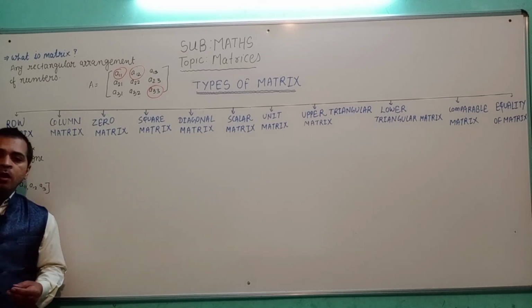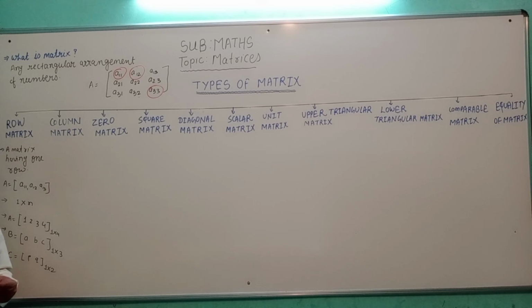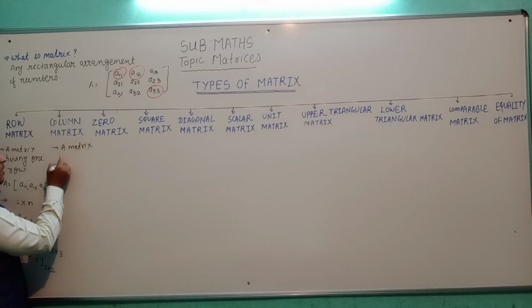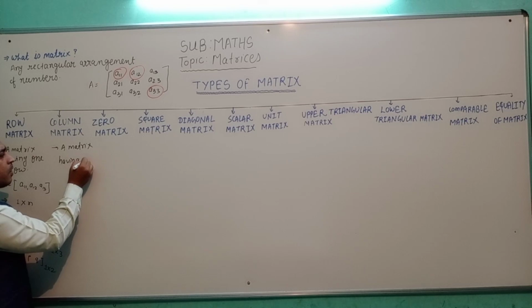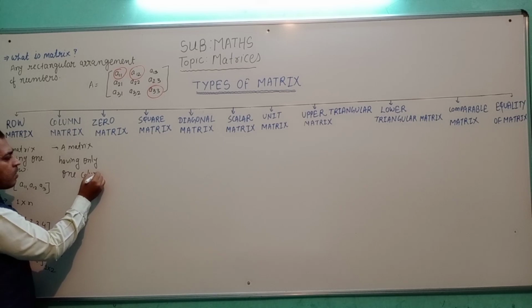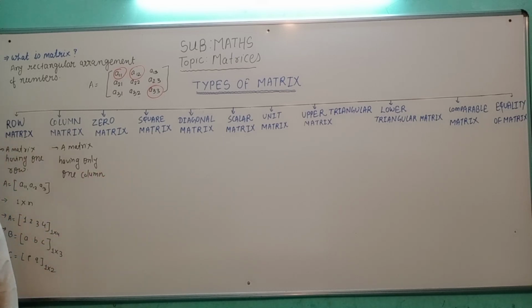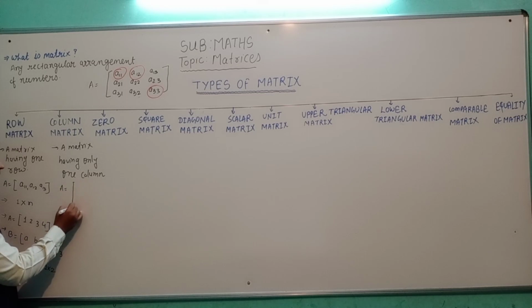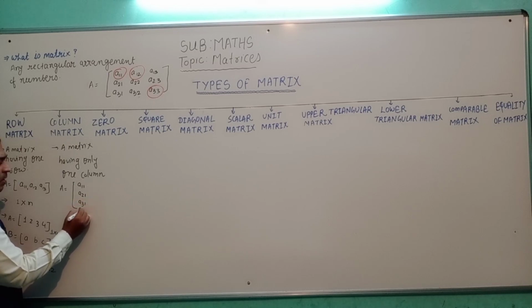Next is the column matrix. Column matrix means, students, a matrix having only one column. A matrix having only one column is known as a column matrix. Here we can get an example of a column matrix like this: A11, A21, A31, A41.